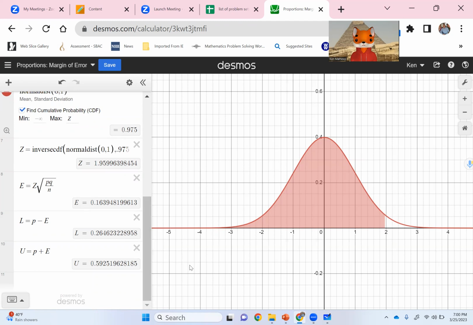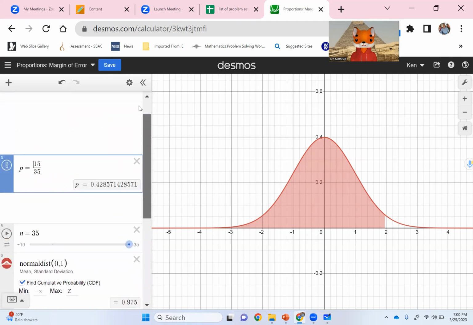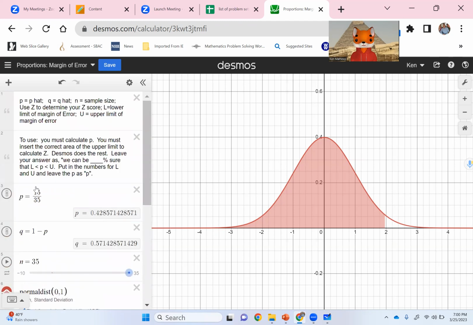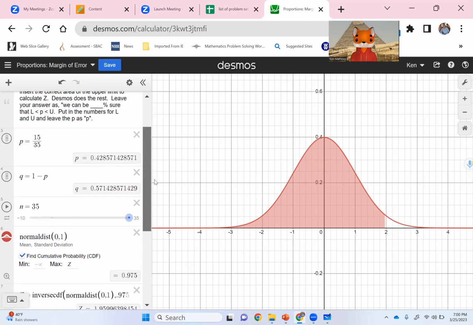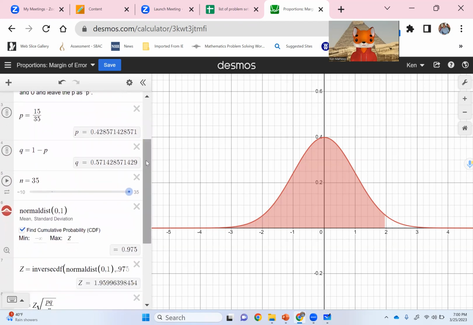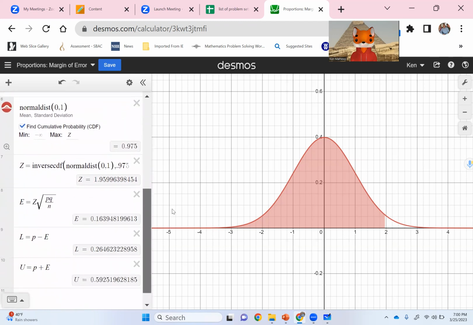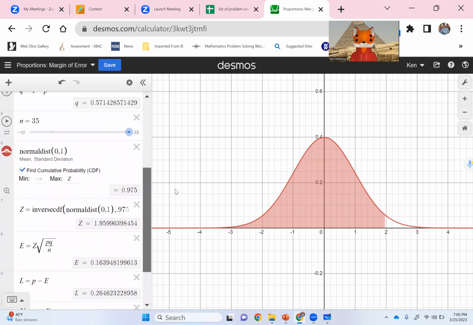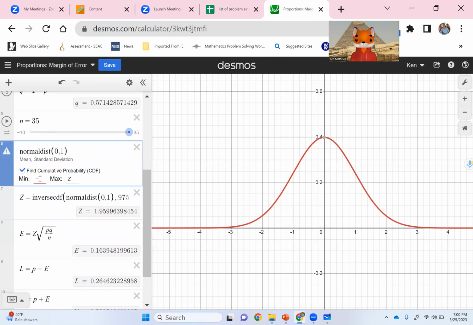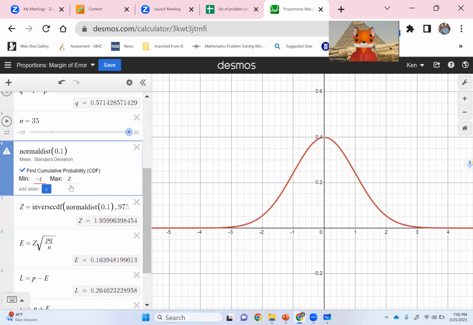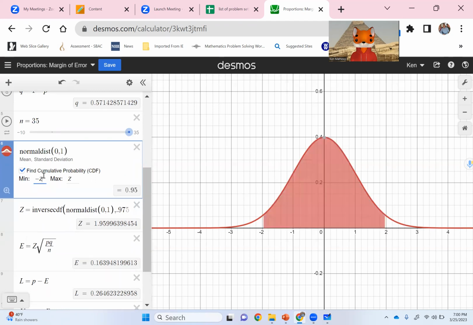All right. So we want to go back to our answer. So once again, we just had to put in our p-value, which was 15 over 35, our n value, and what we've just discovered is that, by the way, if I put a negative capital Z here and a positive z here, we see that the area under the curve, the shaded area, is 95%.